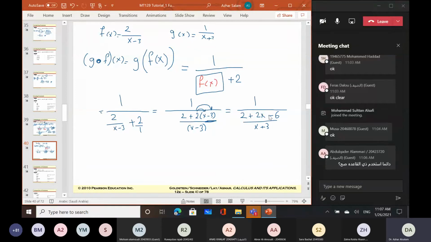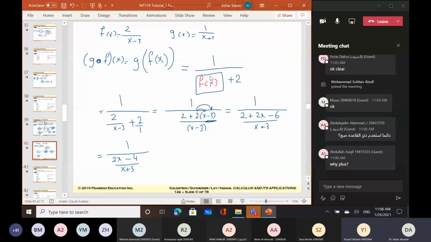Now I simplify this numerator, which is 1 over... 2 minus 6. Of course, I have here 2x. 2 minus 6, I have 2 minus 4. Student: Doctor, yes, x plus 3. Oh, I typed it here.